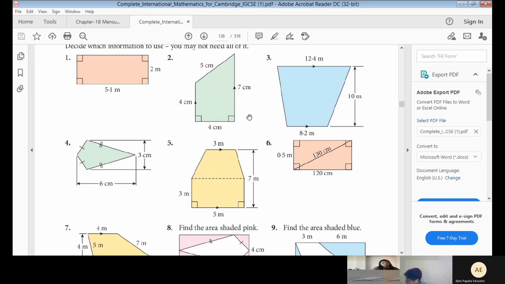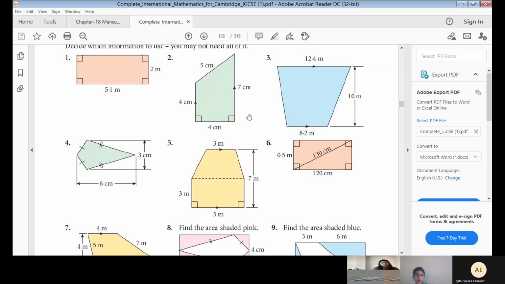First correct it. 22 centimeters squared. Yes. Now figure out what mistake you did.